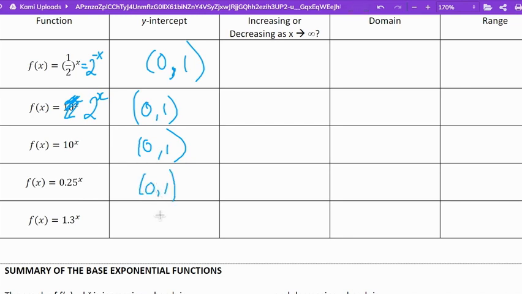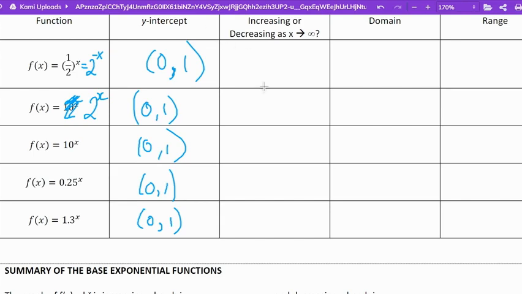You got it. What will the y-intercept of 1.3 to the power of x be? You got it. Do you think it's possible to have a different y-intercept? Come on, be creative. Think outside the box. How? Ah, thank you, Mustafa. What if we have a C value?